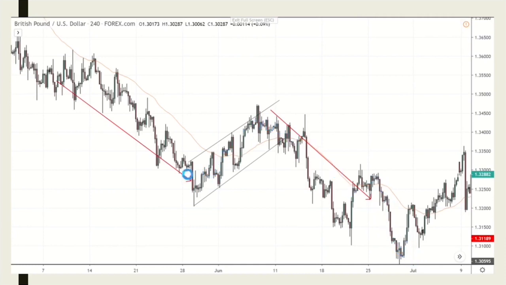So how do you identify them? How do you draw them? I'm going to show you that again in a second. But what you just need to look out for is two parallel zones where price just sticks in between them. In between these two zones, price is ranging, and that's what you're looking for.